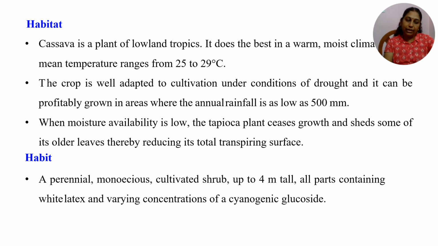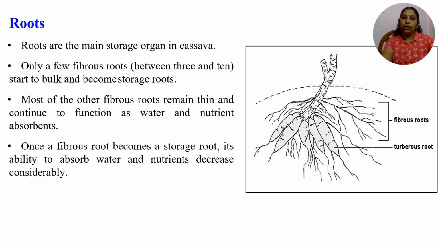As for habit, it is a perennial, monoecious shrub which can grow up to a height of 4 meters tall. All parts of the plant contain milky latex with varied concentrations of cyanogenic glucosides. The roots are the storage organs in cassava. There are two types of roots in cassava, like that of sweet potato.